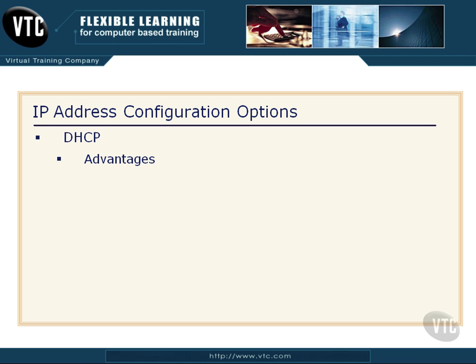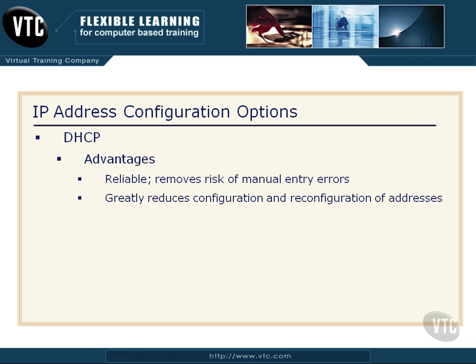Now, for client machines, DHCP has a lot of advantages. First of all, it's reliable. It's been around a while. It also removes any risk of manual entry errors. When you're doing manual entry of these IP addresses, it's obviously very easy to fat finger those things, transpose a number, all those things, and it creates havoc on a network.